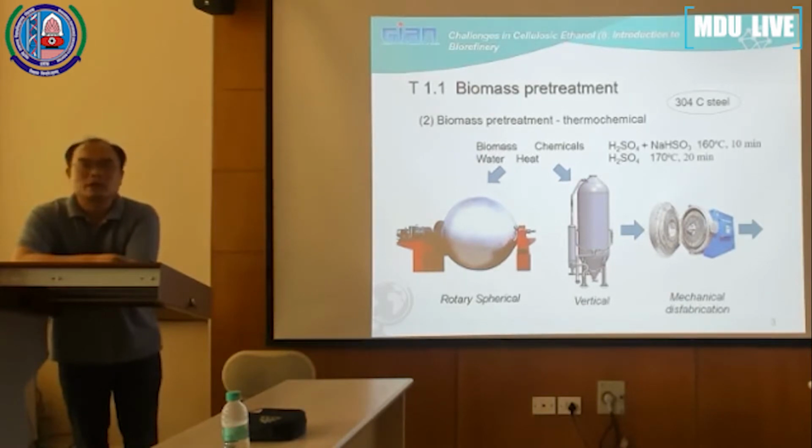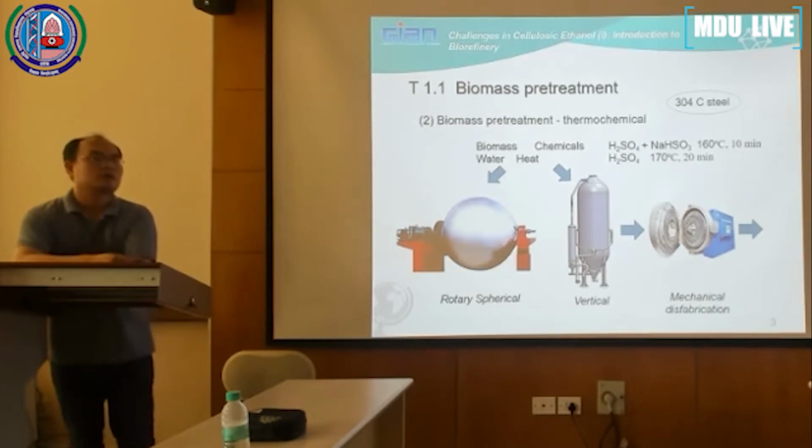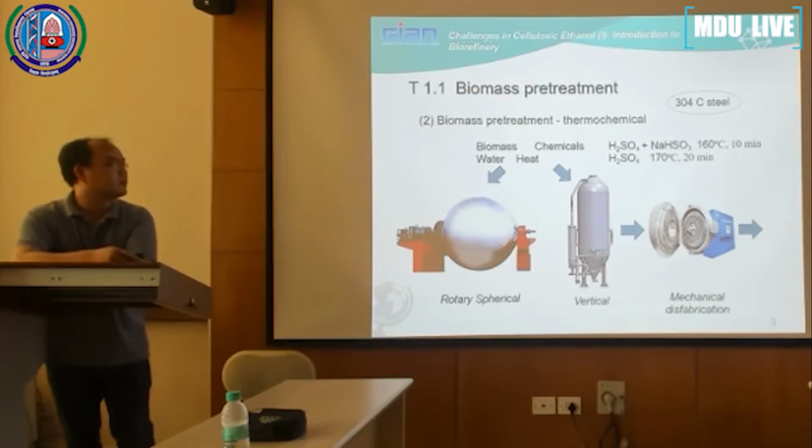It also breaks down the middle lamella between two plant cells. Is this a patented technology or a regular procedure? We do have a patent on this defibration procedure, and we have published it in many publications. We use these machines.